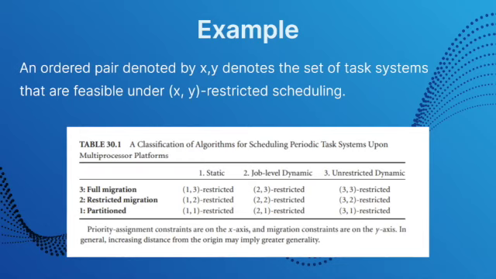For example, 1 and 1 restricted algorithms have been studied in 3, 12, and 14, while 2 and 1 restricted algorithms have been studied in chapter 3, 15, and actually 16. I'm mentioning that just in case somebody wants to go over them. The examples are pretty cool once you actually go over the chapters and realize what exactly are they talking about.